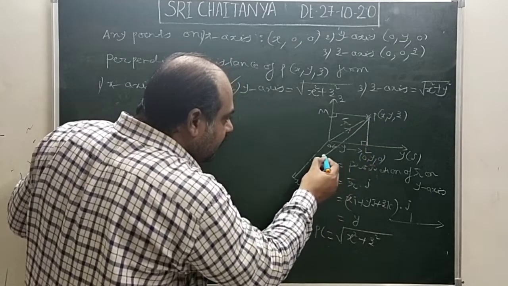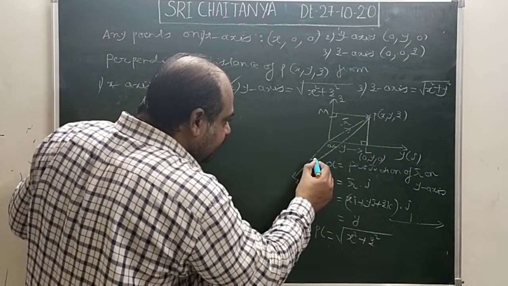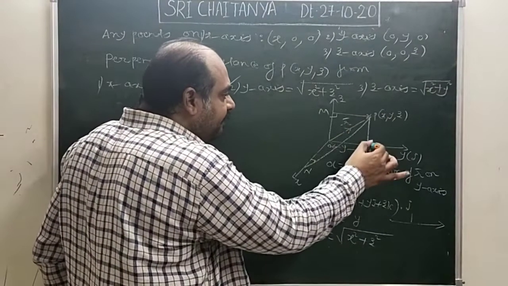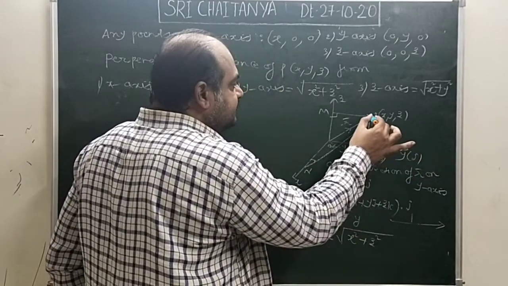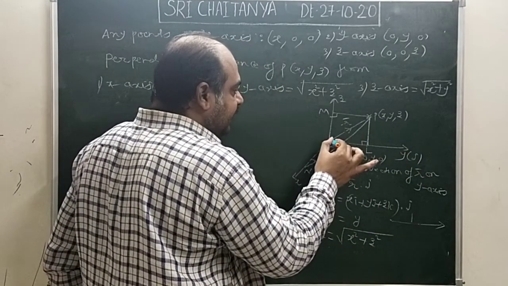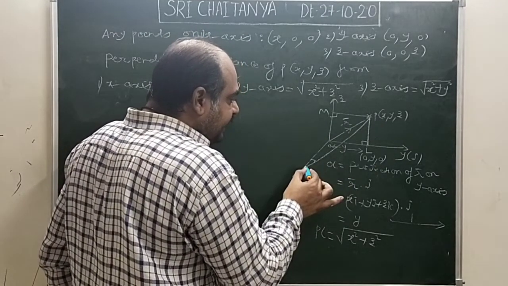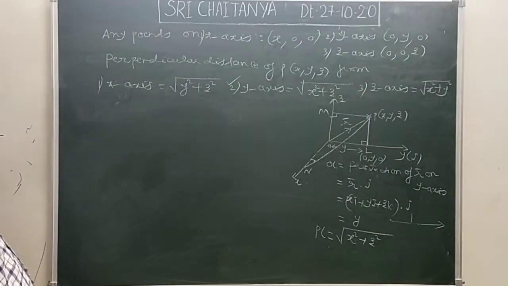Let us say this is N, this will be 90 degrees. This will be 90 degrees. This PL is the perpendicular distance from this point on this line. Perpendicular distance from this point to the z-axis. Perpendicular distance from this point to the x-axis. Those are the formulae.